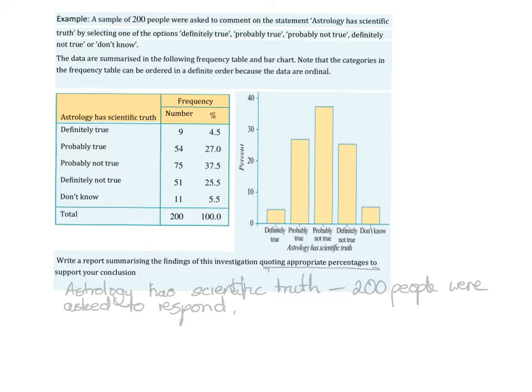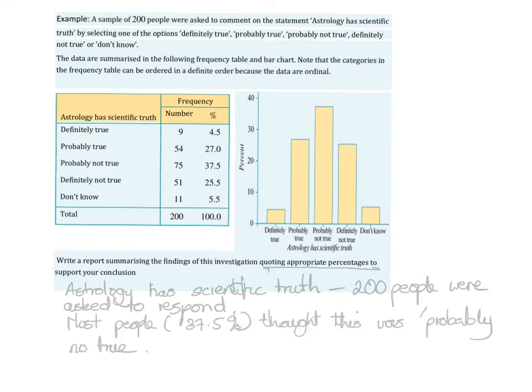Your introduction might be slightly different to mine, but my introduction says, astrology has scientific truth. 200 people were asked to respond. Now I want to look at the next dot point, which talks about the modal category, or the most frequently occurring category.